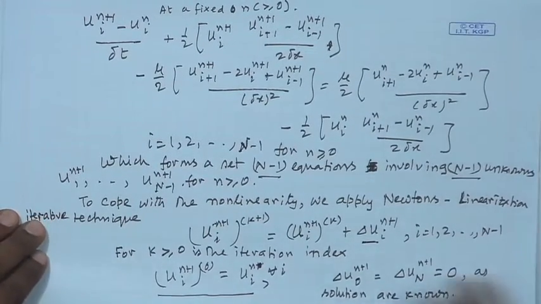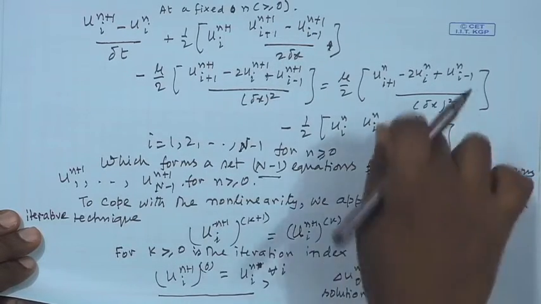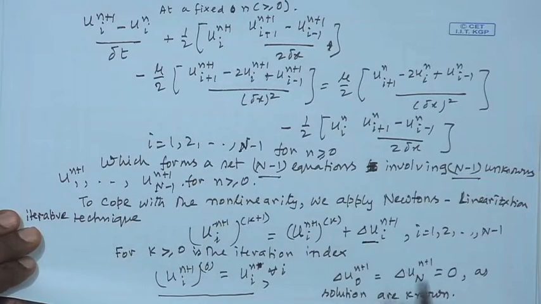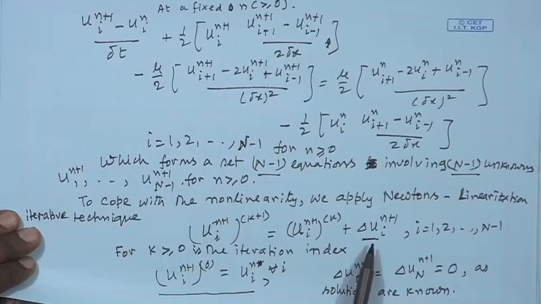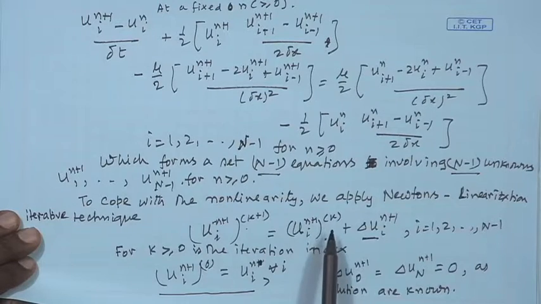Now we substitute this form of u_i^{n+1} here and drop all the square and higher order terms of delta u_i^{n+1} to get an equation which is linear in delta u_i^{n+1}. Note that at the (k plus 1)th iteration, u_i^{n+1,k} is already computed, so wherever it appears it is assumed to be a known quantity, no longer an unknown.